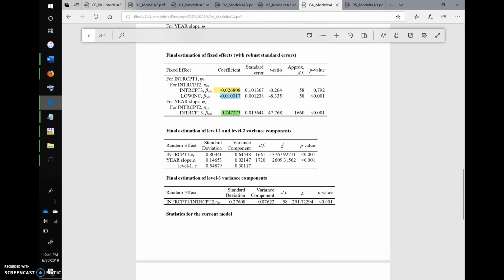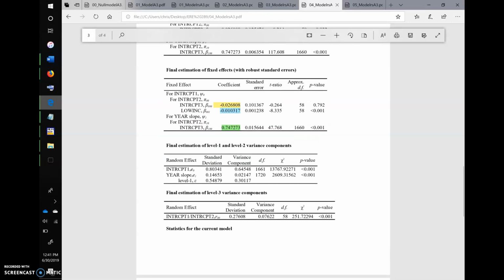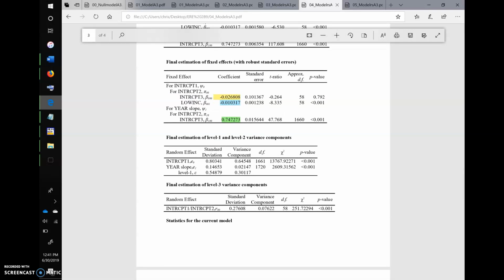And when we look at the year slope, we still have that 0.747 that we've been seeing. So here, income is a significant predictor of school ID on students' average math scores.